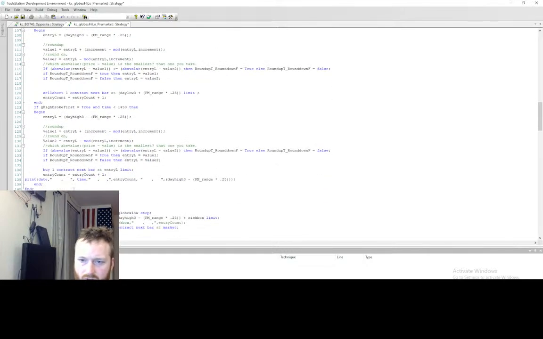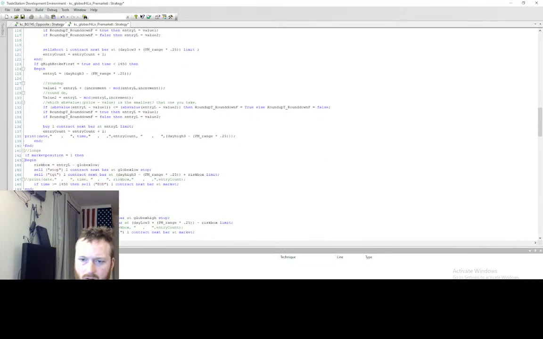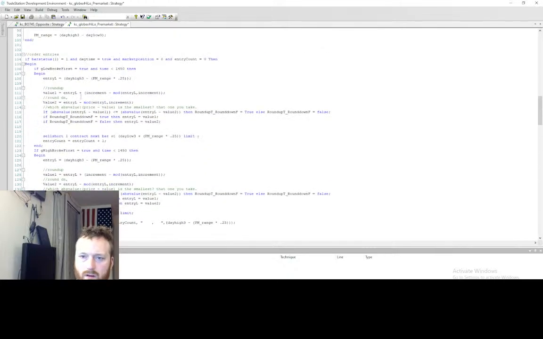So entry short, grab the short one. Entry short is down here. So entry short, there you go. And then round up, you do entry short, yada, yada, yada. Essentially, we are rounding up or down.